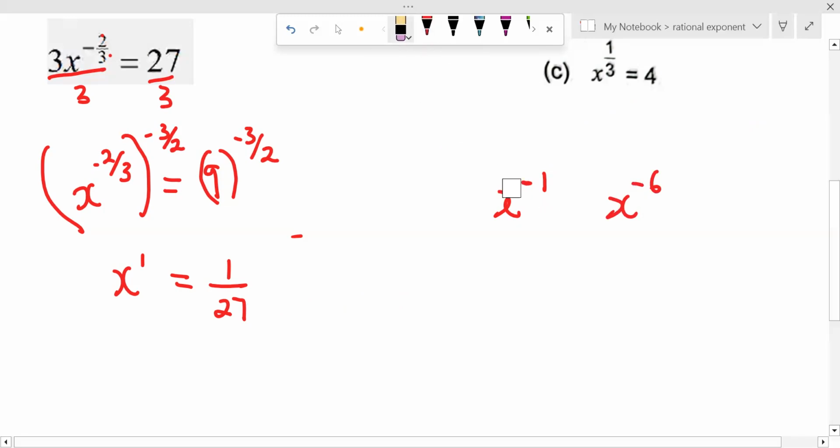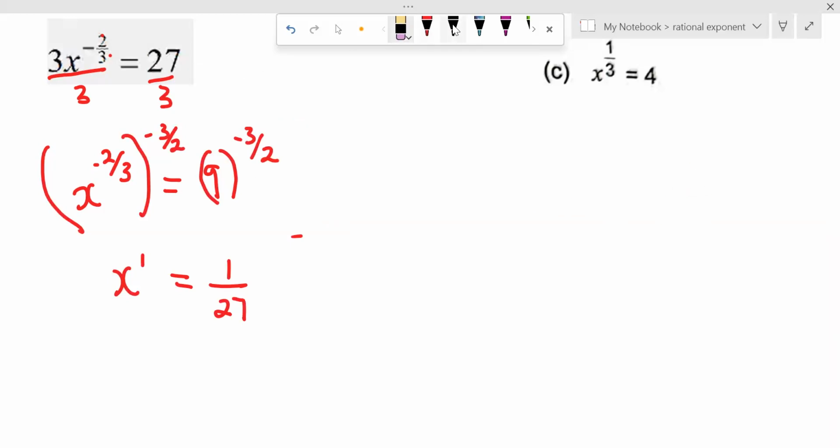The same principle applies here, except we check on our fraction. We don't check everything on our fraction, we're just going to check the numerator, because if a fraction has a denominator, it also has a numerator. So you check the numerator. If the numerator is even, then you have two answers.